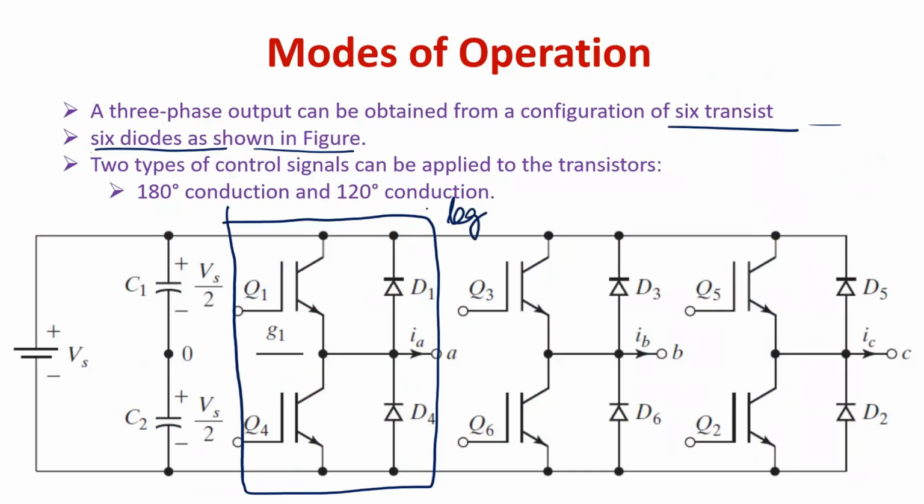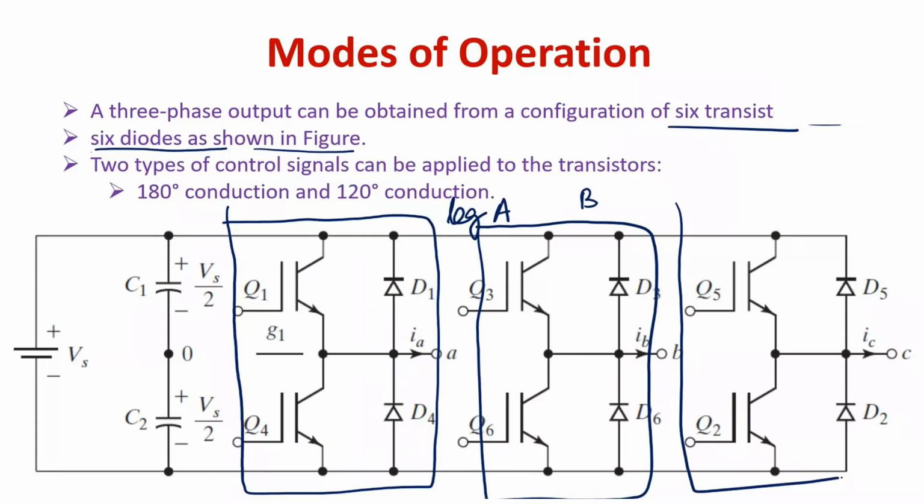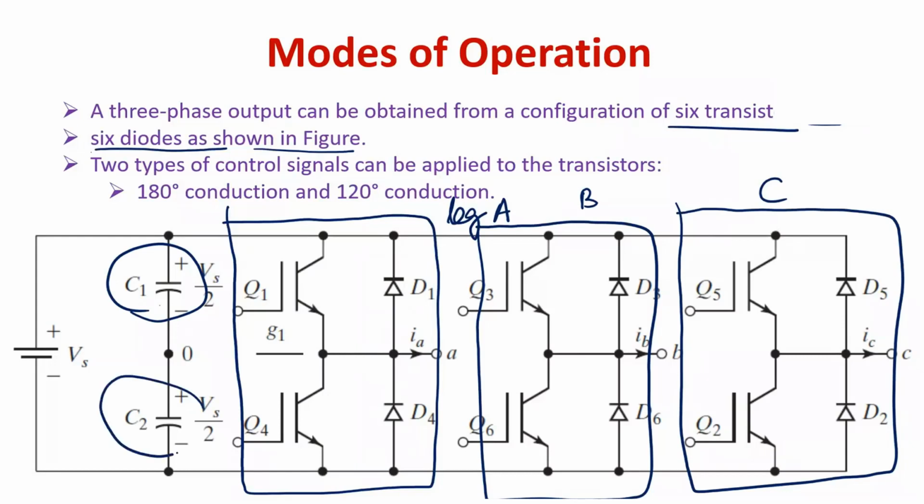So, this leg corresponds to phase A, this corresponds to phase B and this corresponds to phase C. And these capacitors are used to balance the input voltage.